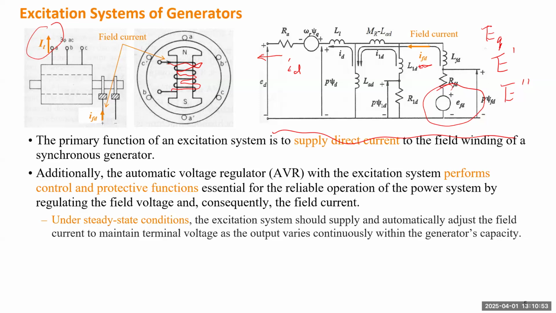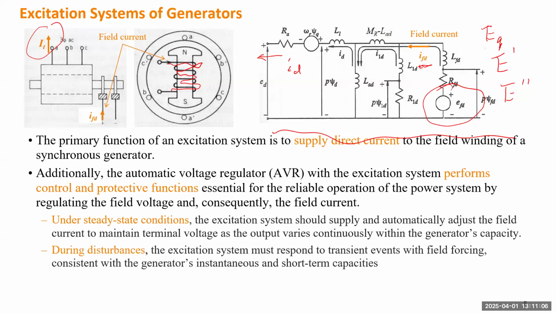Under steady state condition, the system should supply and automatically adjust the field current to maintain terminal voltage as the output varies continuously within the generator capacity. During disturbance, the excitation system is very critical because it needs to respond to the transient events with field forcing consistent with the generator's instantaneous and short-term capacity.